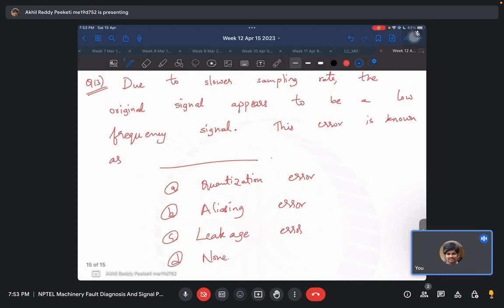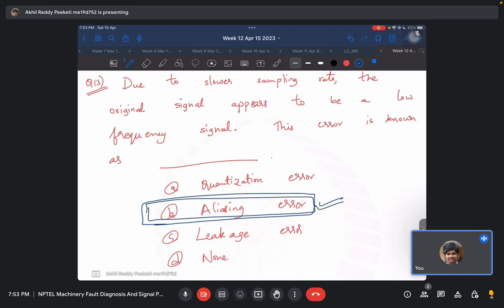So if you have a slower sampling rate, that means let's say if the frequency of the signal is 100 hertz, but you are sampling at only 50 hertz, then the original signal might look like a 50 hertz signal or 40 hertz signal, instead of the original 100 hertz. So you are recognizing a signal as some other signal, it's getting aliased, so it's called an aliasing error.